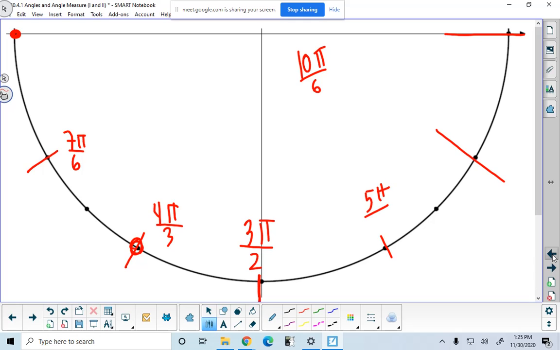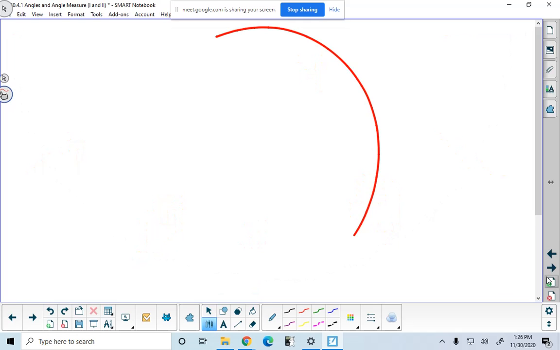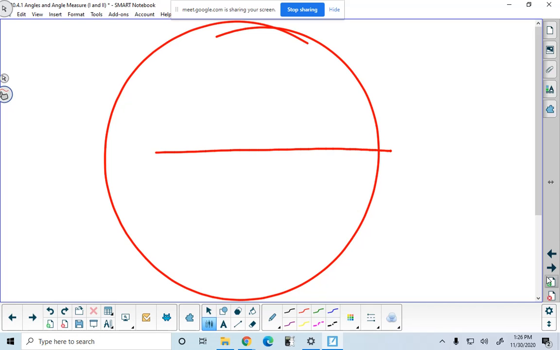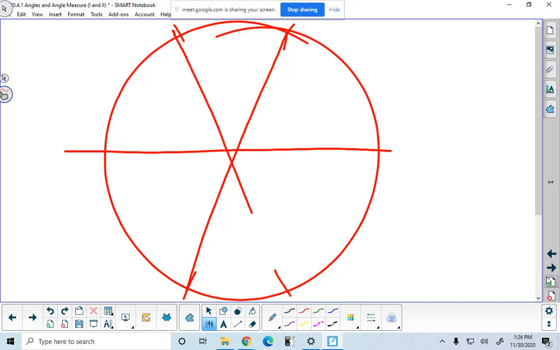And I want to talk about these two, this one and this one, for a second. We arrived at those by looking at chunks of pi over 6, but we could have arrived at those by looking at chunks of 60 degrees.